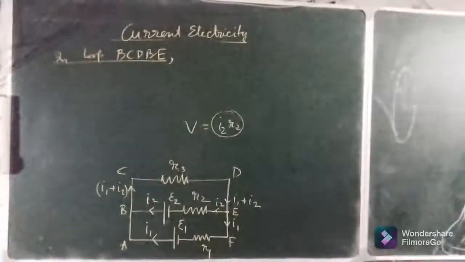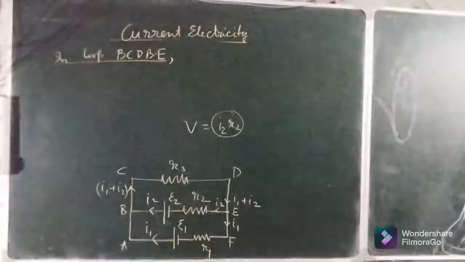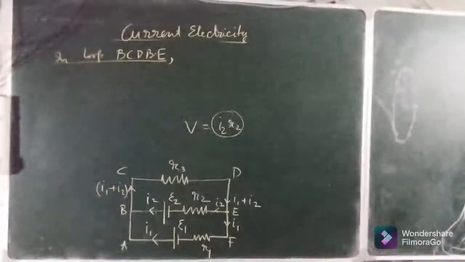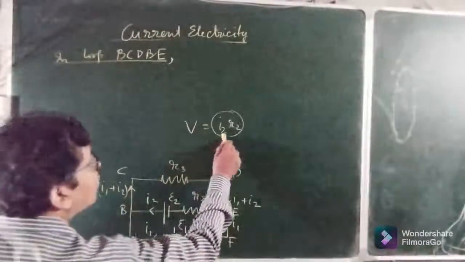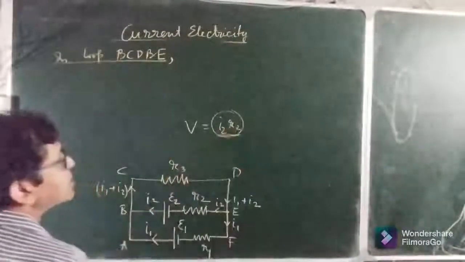It loses the charge, which is actually stored inside in the form of energy. That energy is the product of current and resistance.